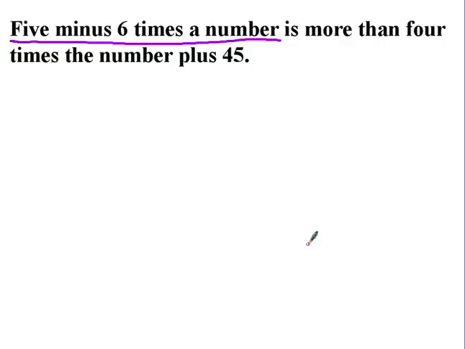I'm going to write an expression just for what I've underlined right there. 5 minus 6 times a number. What could symbolize that? 5 minus 6x. Okay, perfect. That's exactly right.